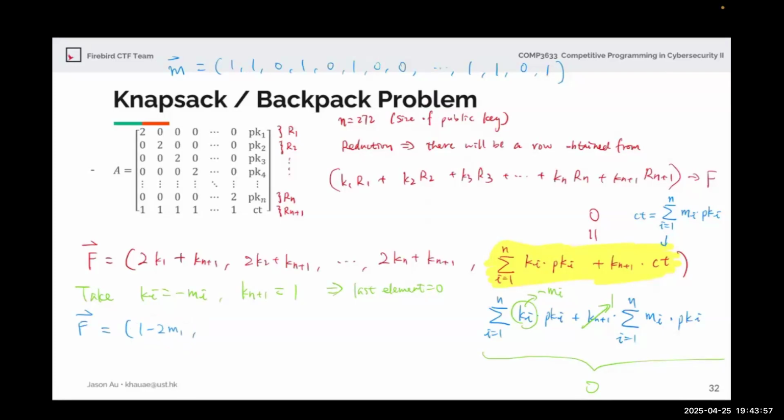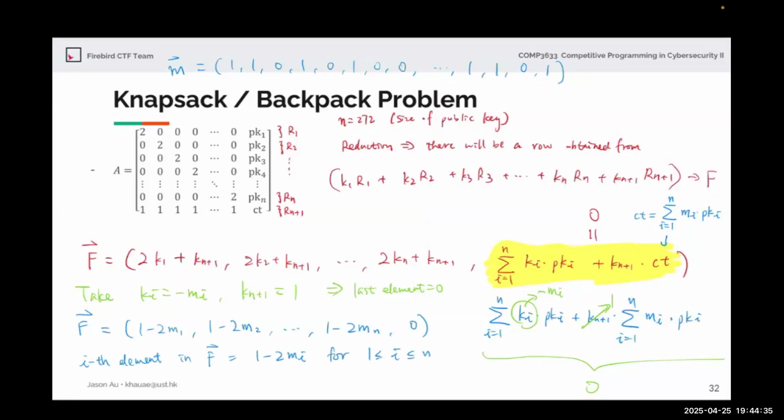The second one is 1 minus 2 m2, dot dot dot, 1 minus 2 mn, and the last one is 0. Or we can just say the ith element in F is 1 minus 2 Mi for i between 1 and n, and the last one is 0.